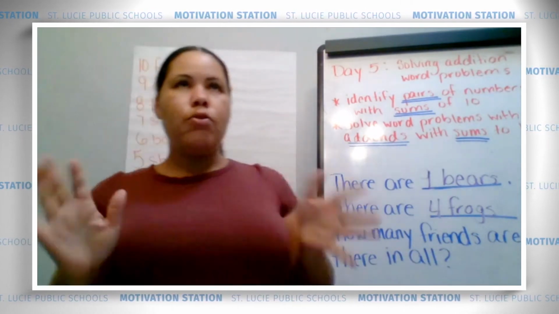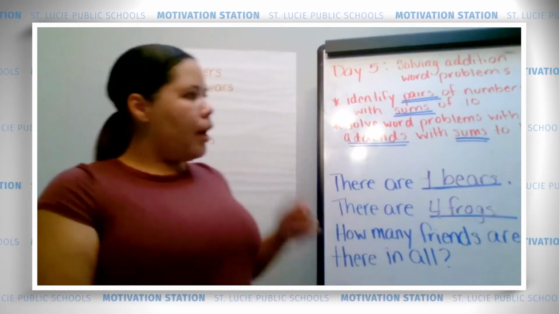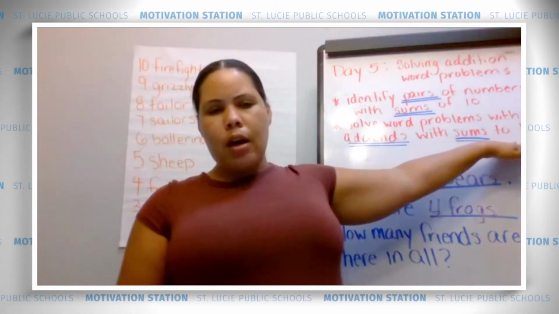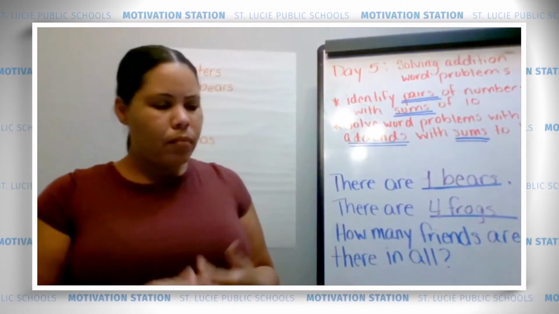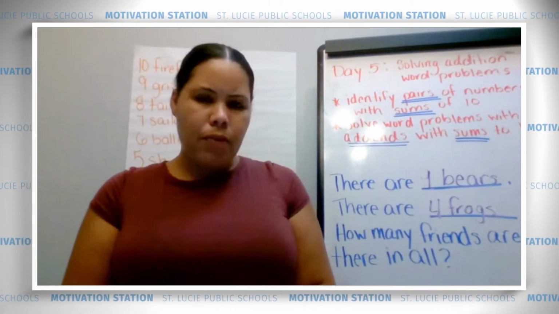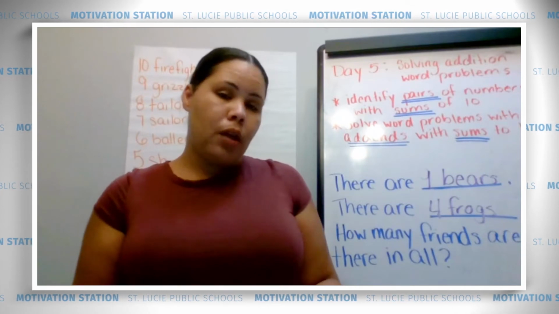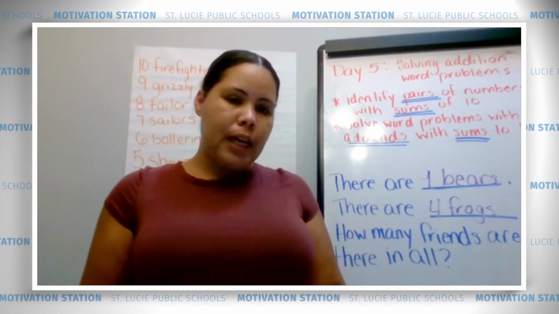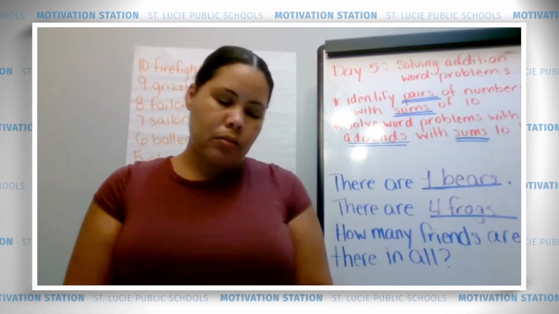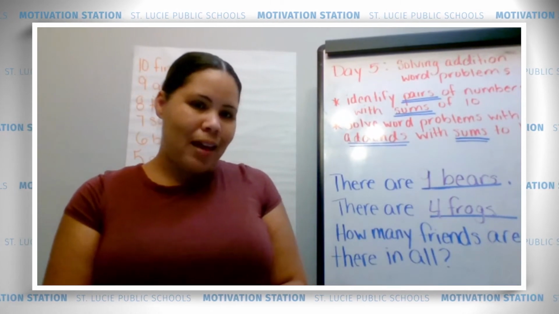9 bears, 4 frogs. I know my goal is to have sums up to 19. When I think about 9 and 4, how do we know that there's going to be more than 10 animals? Are you thinking about that?